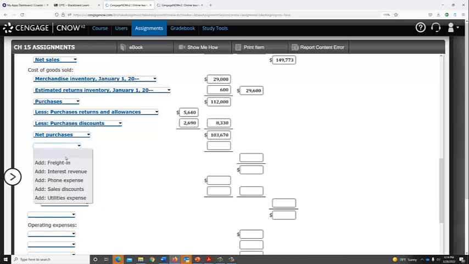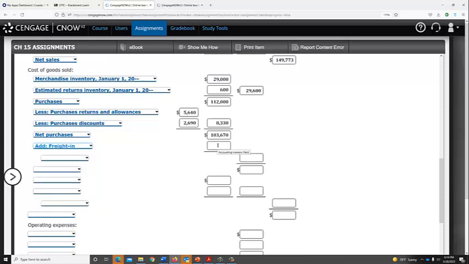Okay, we need to add the freight cost in for the inventory we ordered. So the freight is $875. So our cost of goods purchased will be a total of $104,545.